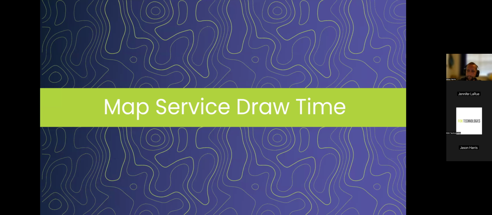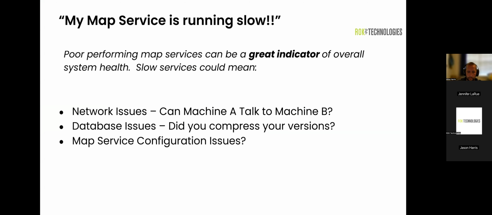Okay, this looks familiar if you were at the last one, but map service draw time. We're going to start digging in right here. A poor performing map service can be a great indicator of the overall health of your ArcGIS Enterprise system, right? Those slow services could mean maybe you have an issue with the network. Or that map service could be slow because you've got a data issue, right?